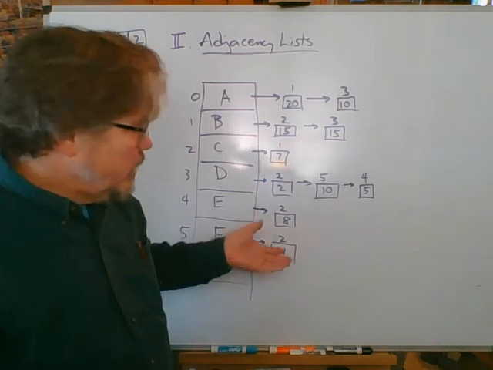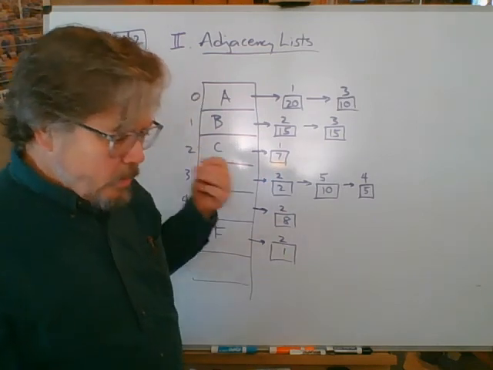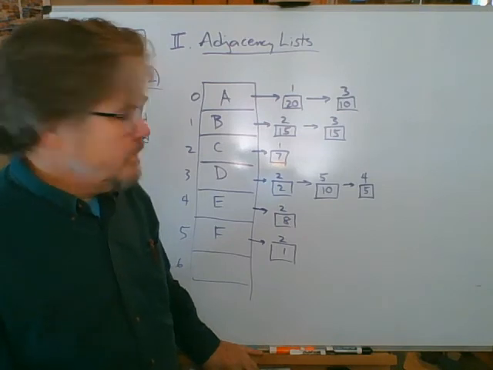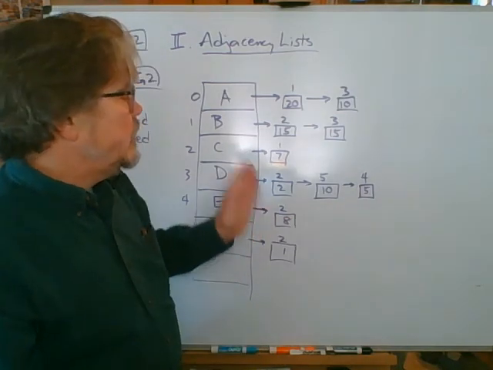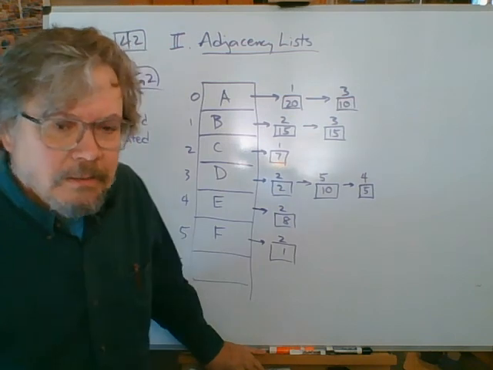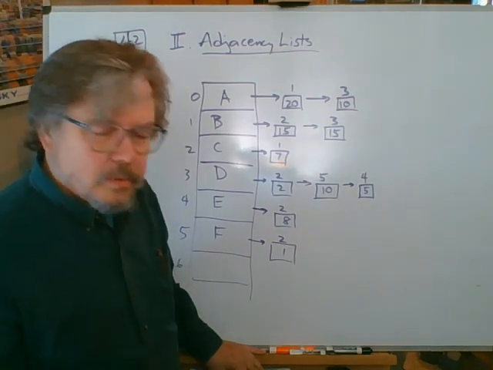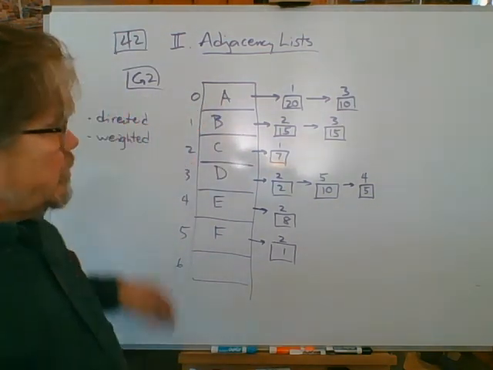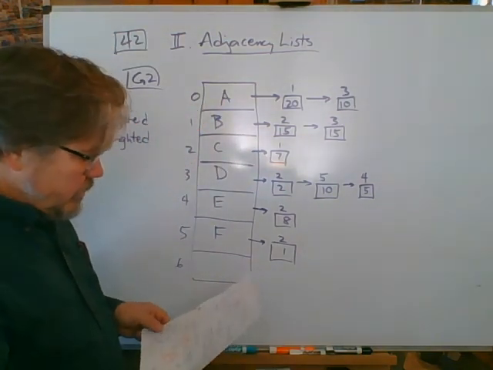You might very well want to go back and use that ordered list that you used at the very beginning of this class and order it either by the weight or by the node number, but that depends. How many times have I said this in the last few videos? That depends on the application. This is still supposed to be just a general representation of all the information that's in the graph.